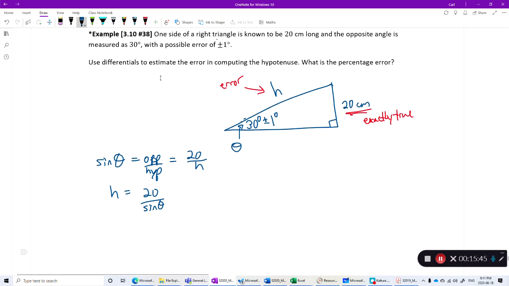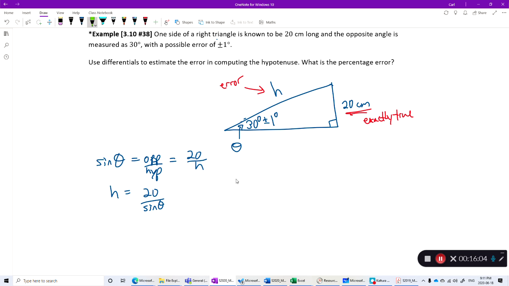So imagine this now. What happens if theta was 31 degrees instead of 30? What happens if it was 29 degrees instead of 30? That would change the h, right?